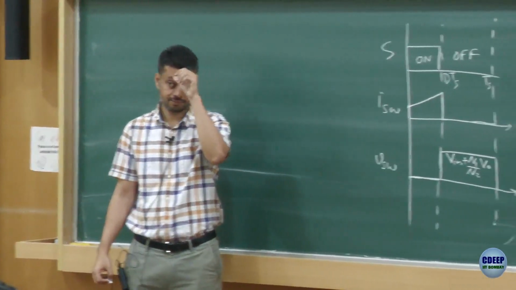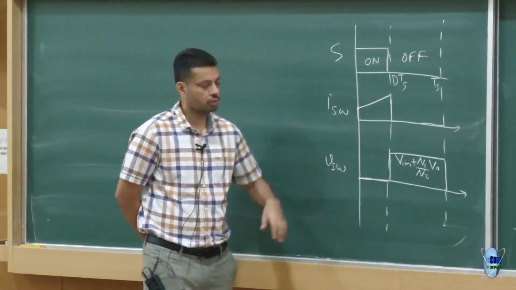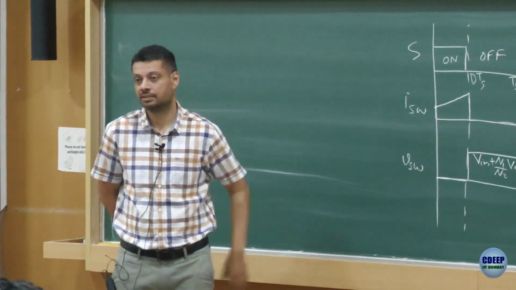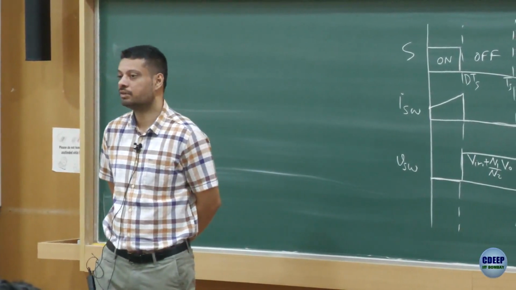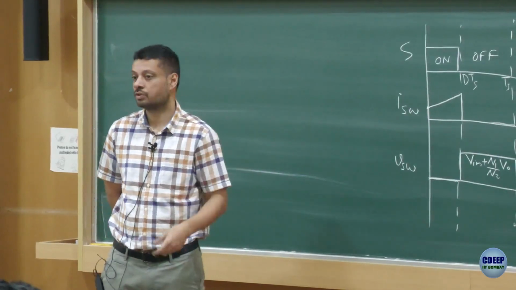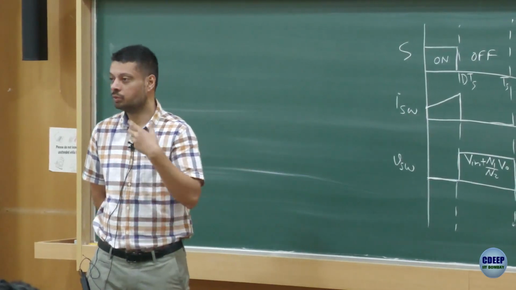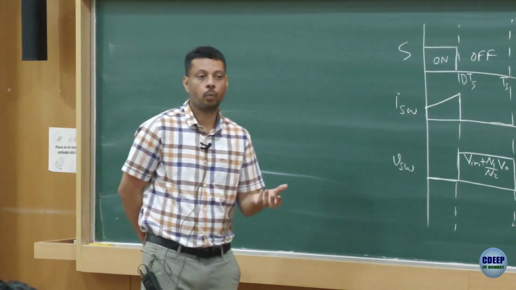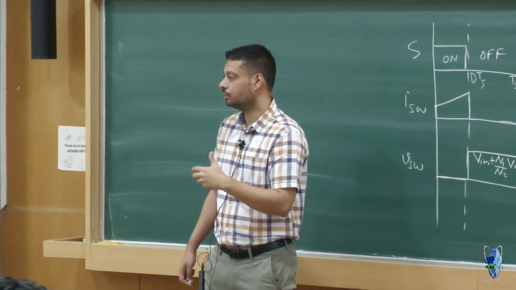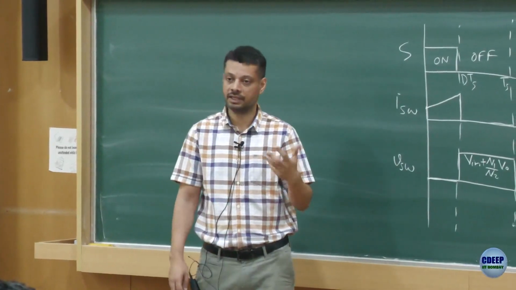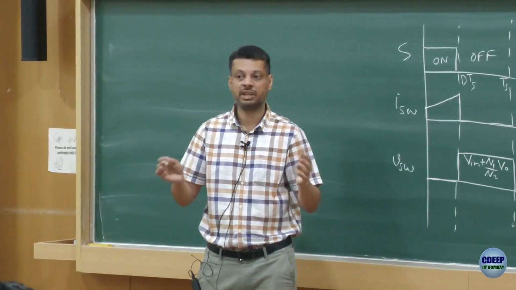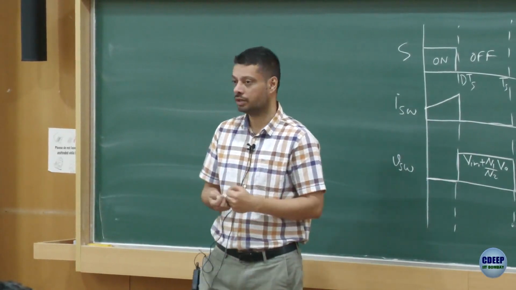Is that okay? So why are we drawing switch current and switch voltage? Because if you have to build this circuit, the first thing you have to do is go to a market and buy this switch or MOSFET. And when you want to buy a MOSFET, what would you convey to the person who is selling it? That I want a MOSFET, fine, but there is an enormous number of MOSFETs, so you need to define which MOSFET you want.